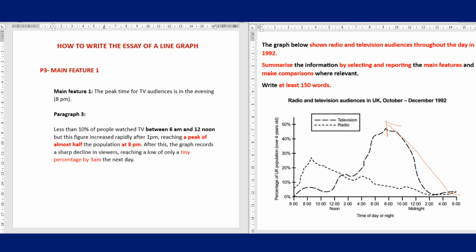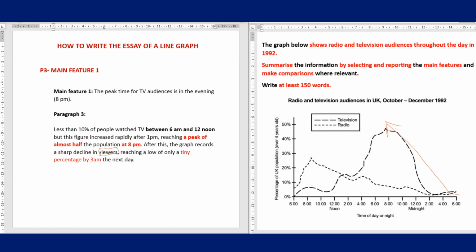After this, the graph records a sharp decline in viewers. Instead of using TV audience, I use viewers, because the viewers are the people that actually watch those particular televisions.